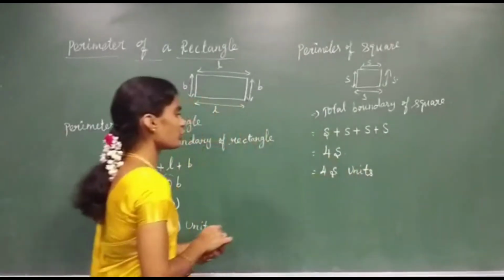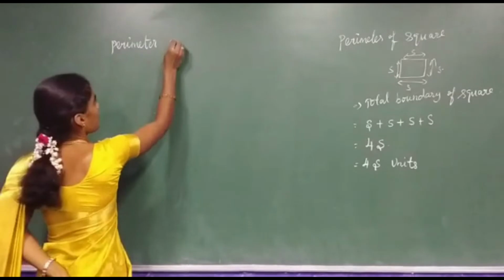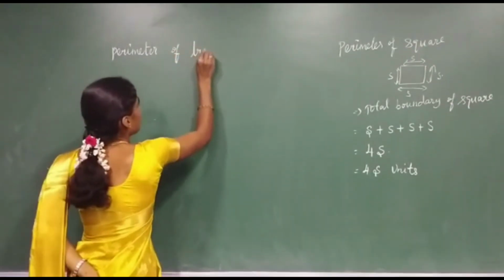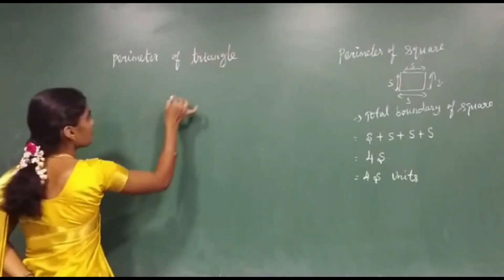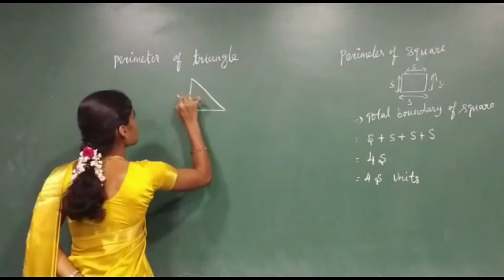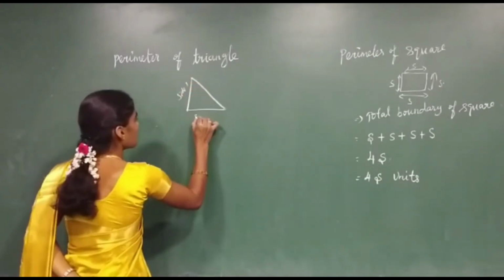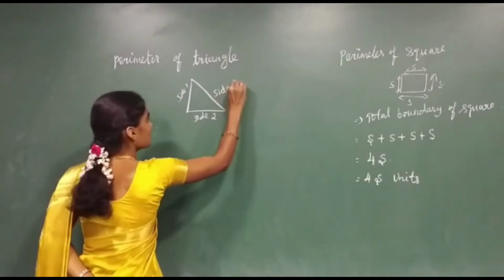In the same way, we want to find the perimeter of a triangle. A triangle means 3 sides. This is side 1, this is side 2, this is side 3.